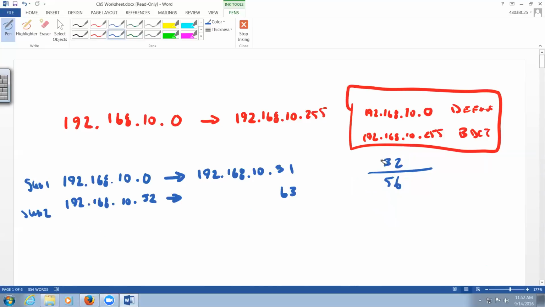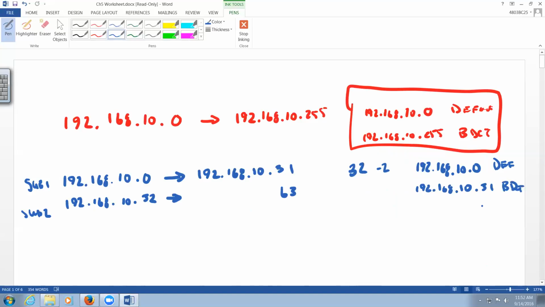And then if we look at this, guess how many hosts we're going to have on this? If we have 32 possible, we can only use how many? 30, right? Okay, because 192.168.10.0 is going to define the network, and 192.168.10.31 is going to be the broadcast.